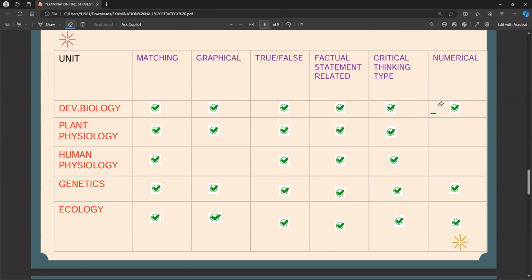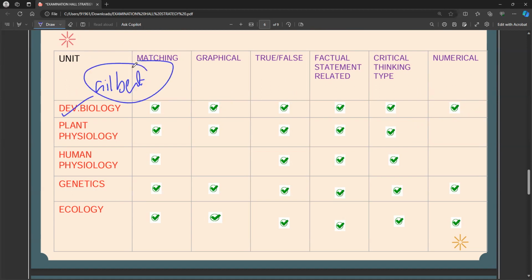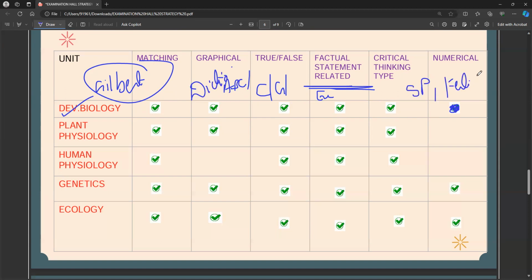And what we observed is that 90% of the questions asked in developmental biology are straightforward questions from Gilbert. Trust me, this is wrong. In the developmental biology chapter, you will get most of the factual statements and most of the experiments: experiments related to cleavage, gastrulation, the ABC model of Arabidopsis thaliana, Dictyostelium, and majorly spermatogenesis and fertilization.